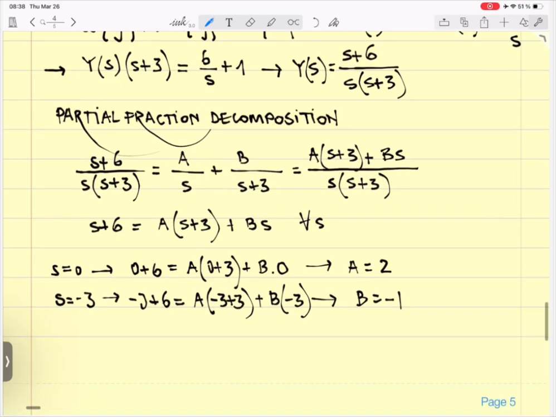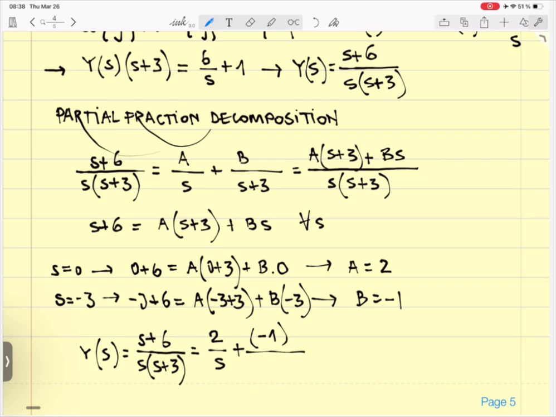As a result, we get that I of s, which was s divided by 6, s times s plus 3, yields a divided by s, also 2 divided by s, plus minus 1 divided by s plus 3. What I have done is put a and b here.